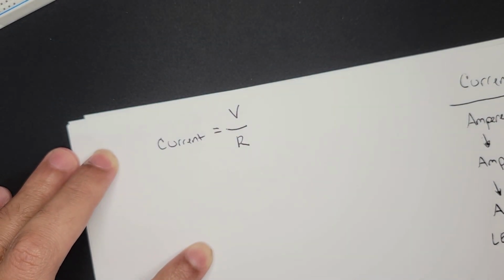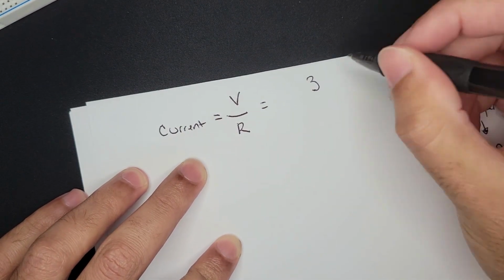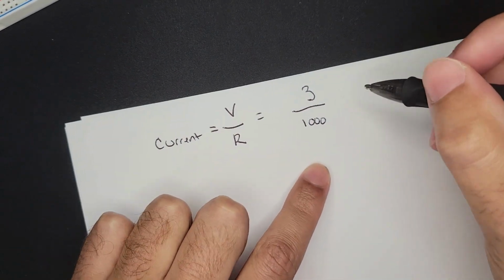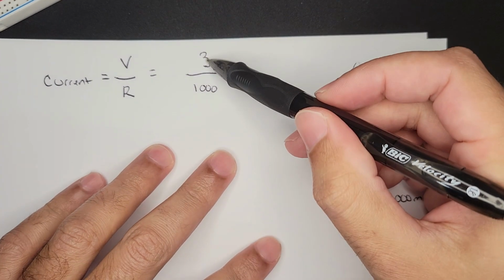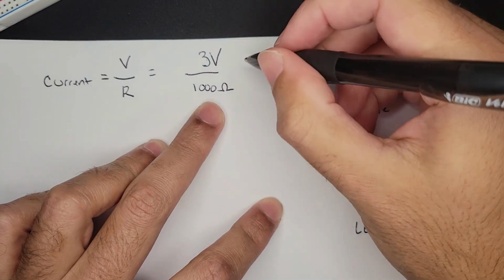Okay? So in this case, it's pretty simple because we know it's 3 volts and we just divide it by 1,000 because that's our ohms. And this is going to give us an amps result, a current result. So volts divided by resistance equals current.